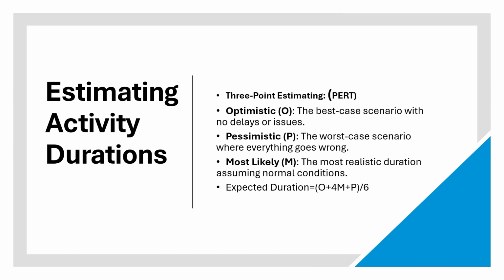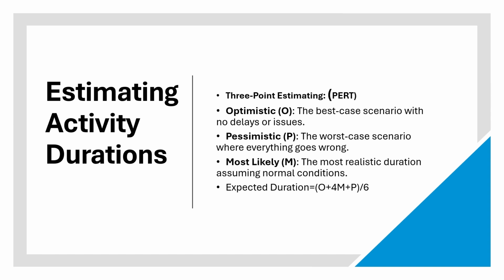Now pessimistic time is the worst scenario. It means there is something like rain in the project when execution starts, or some other risk delays. So we say, for example, pessimistic time is 12 days. Also the third one is most likely time, which is somewhat favorable conditions.